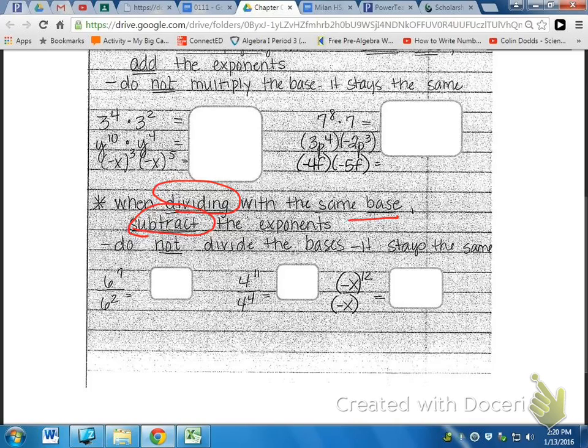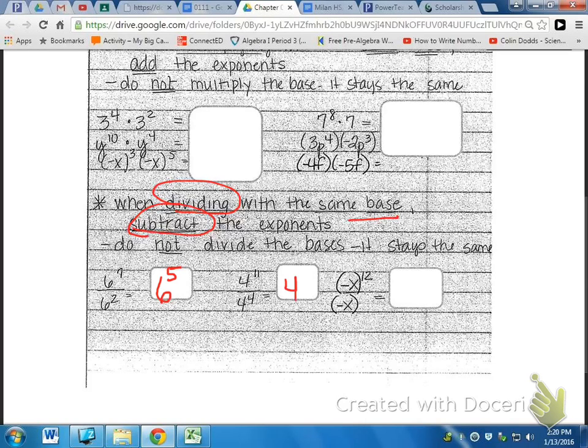6 to the 7th power divided by 6 to the 2nd power. So that would result in a 6. The base does not change. And 7 minus 2 would be 5. 6 to the 5th power. 4 to the 11th over 4 to the 4th.